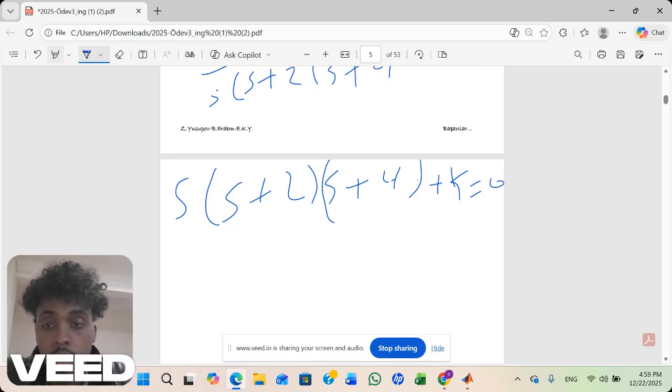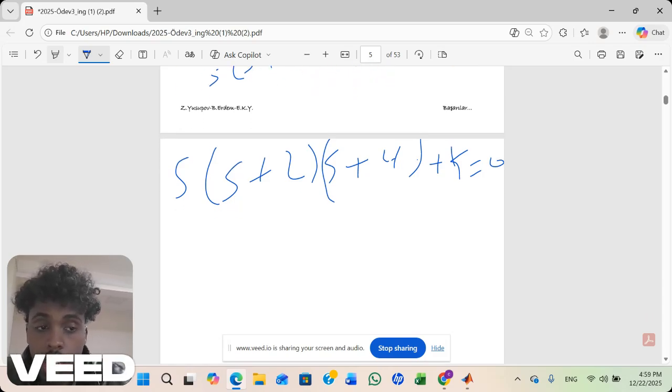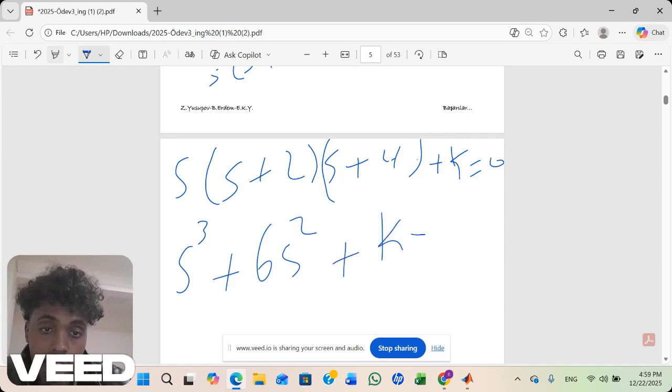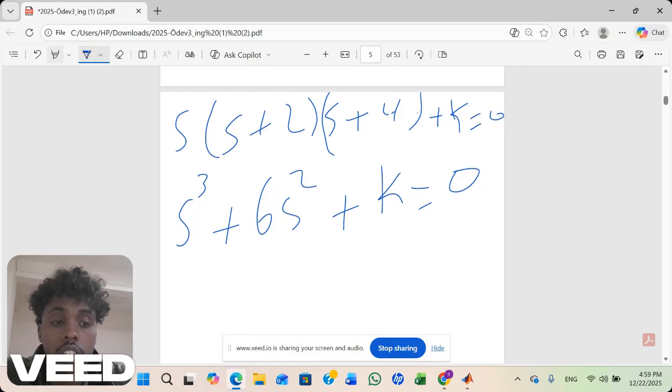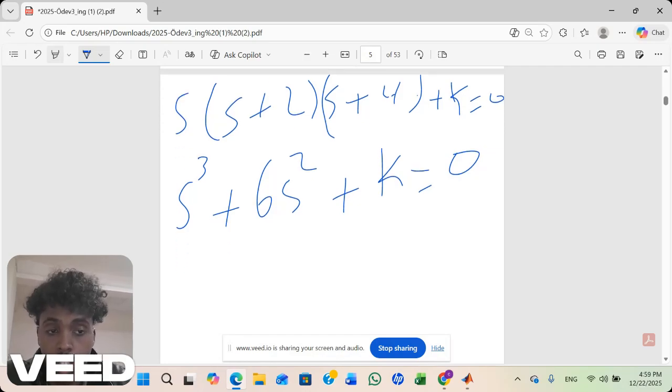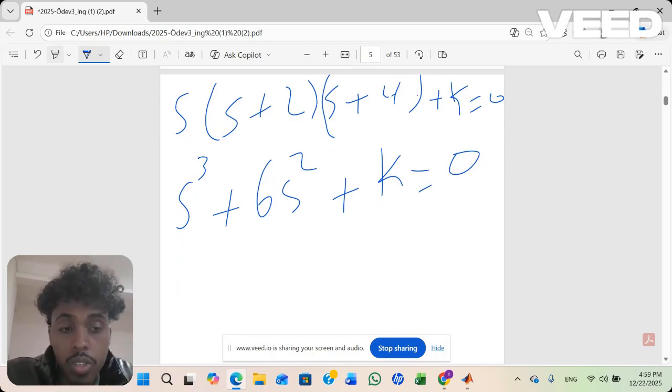So s and s gives s cubed plus 6s squared plus 8s plus K equals 0.